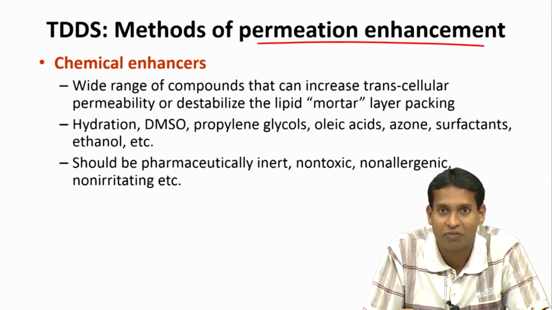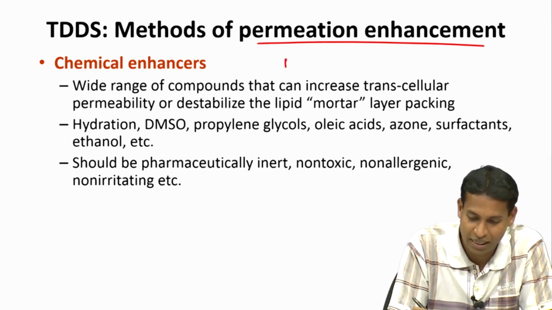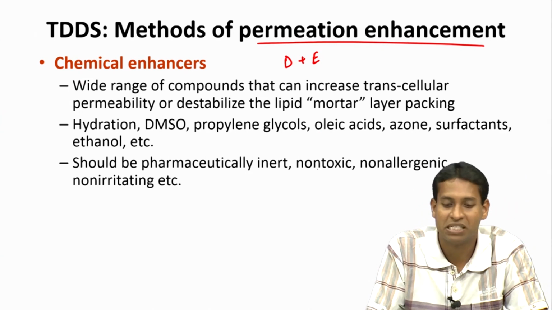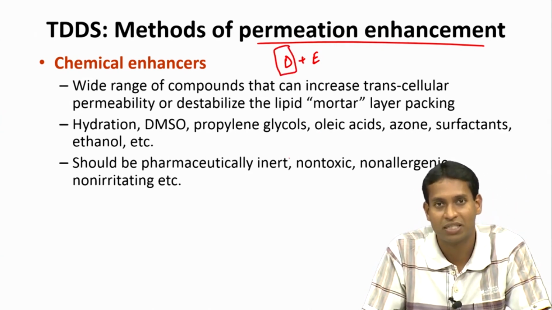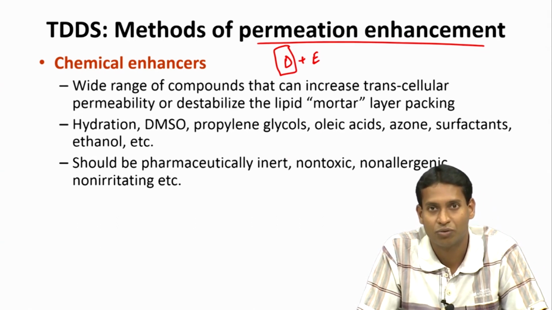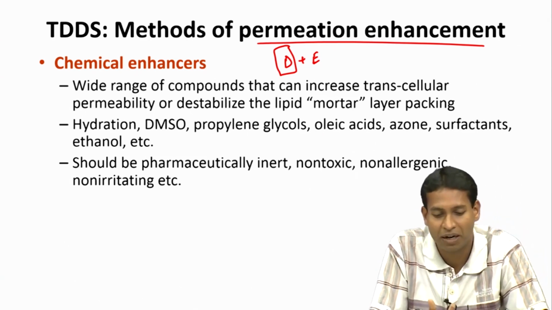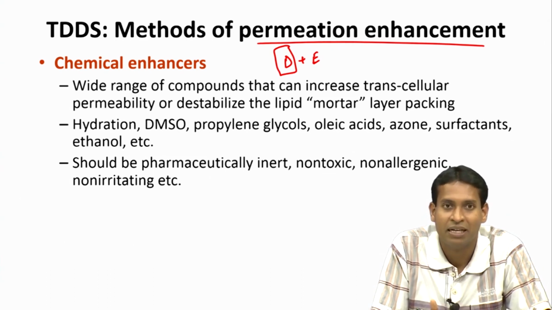Along with the drug, we can give some chemical enhancers. So, maybe your drug D gets added to some enhancer E, and that causes a much higher permeation of this drug D through the skin. That will allow you to monitor your dose as well as increase your dose. In terms of chemical enhancers, a wide range of compounds are used that can increase transcellular permeability.